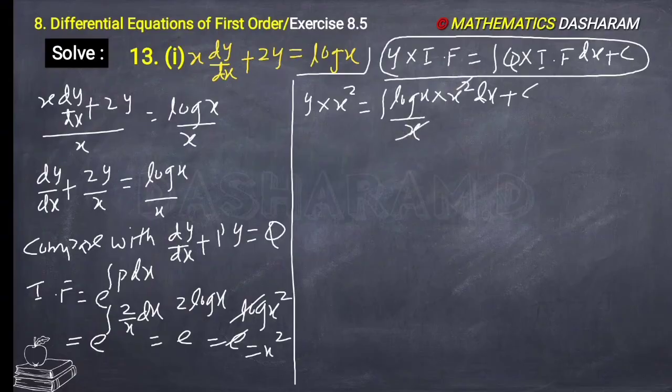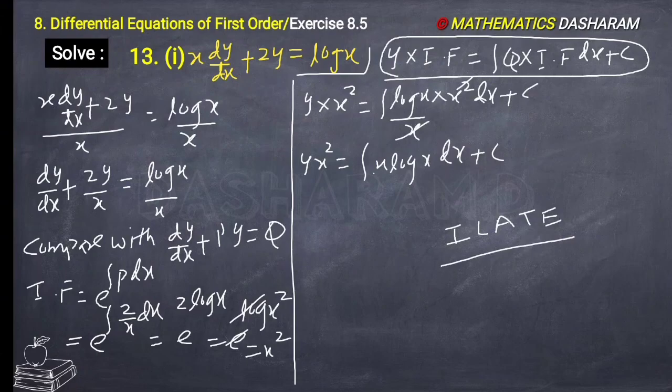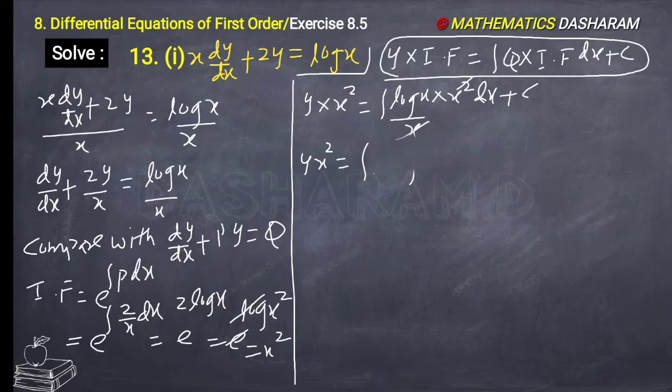Now x cancels, y into x square equals to integration x into log x dx plus c. So as per the ILATE rule, here logarithm and algebra, so log x should be in the first place, x in the second place. So that is why first log x, next into x dx plus c.